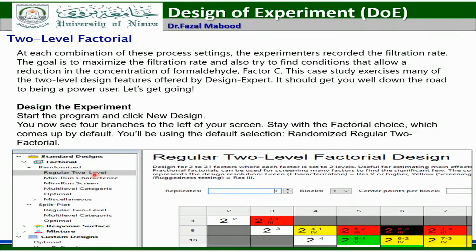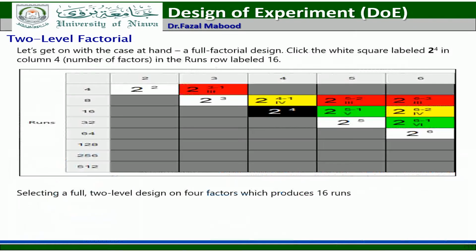After that you have to select, let's go on with the case at hand, a full factorial design. Click the white square labeled 2^4, in column 4. In the runs row label, the total number of experiments will be 16.